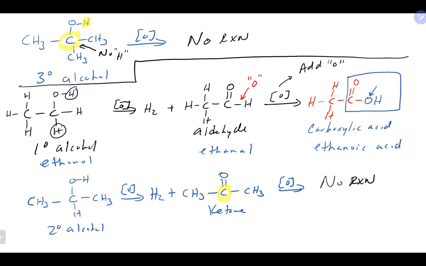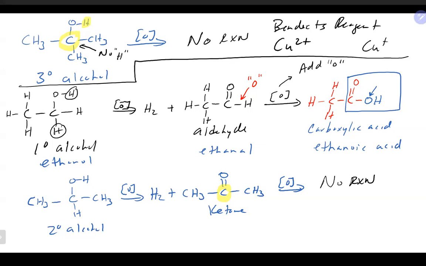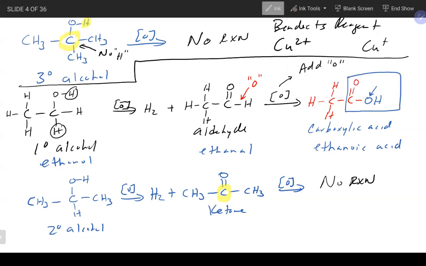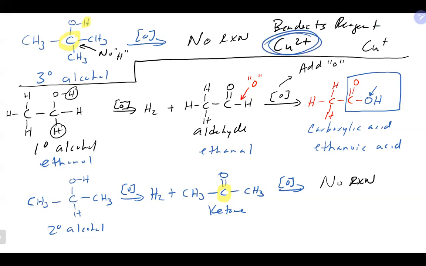The thing that you could use to help you decide whether or not this worked is, I think you guys use Benedict's reagent, if I'm not mistaken. Benedict's reagent is really copper 2 that gets reduced down to copper 1. And copper 2 starts out as a blue color.